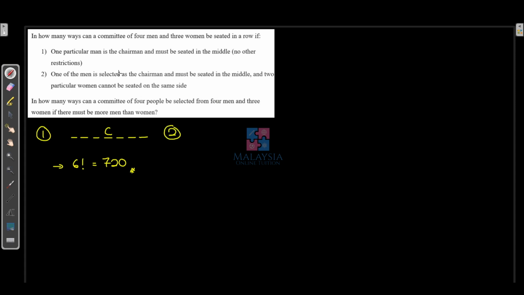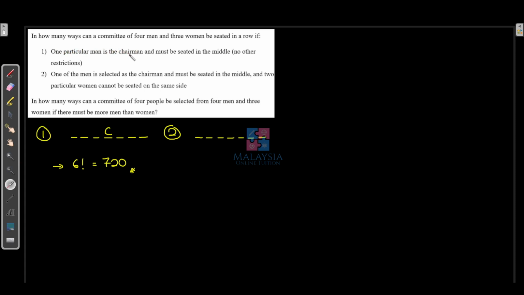Next, for part 2, one of the men is selected as the chairman and must be seated in the middle, and 2 particular women refuse to be seated on the same side. So again, 7 spaces. But you can see the difference between this question and the previous question. For the previous question, one particular man is the chairman, meaning that we have selected the chairman already.